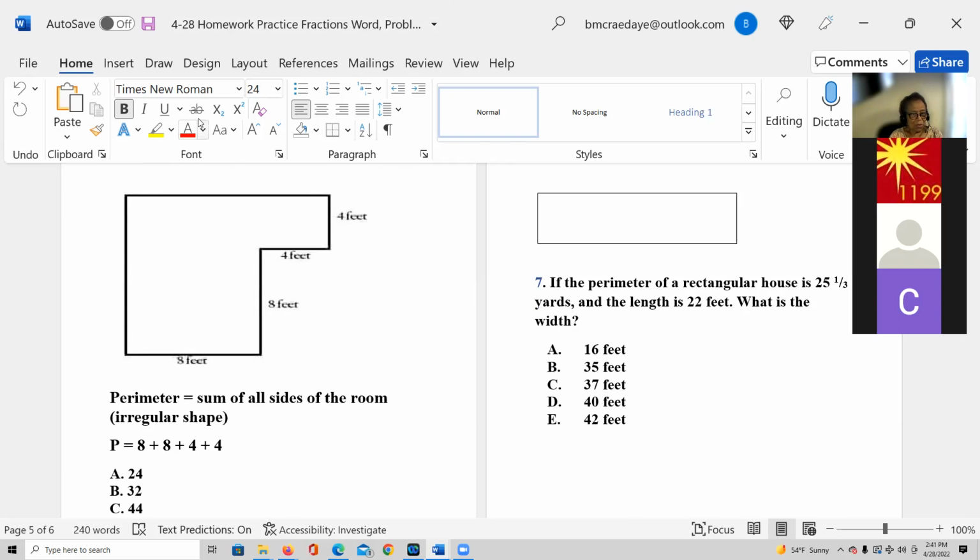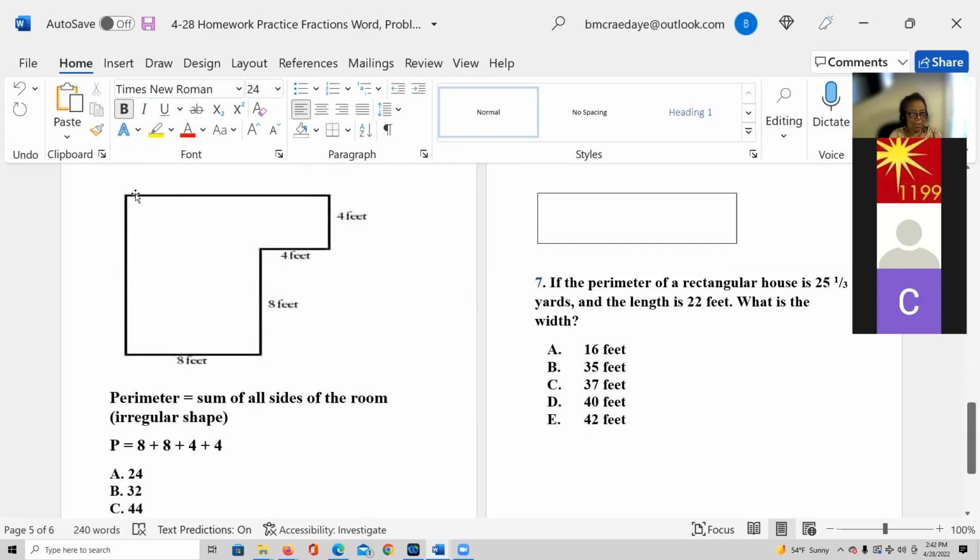You've gotten your 2 4s. You've got the side here 4, the side there 4. Now there are 2 more pieces that don't have anything on them, but you can figure them out because you need to know this length and this length.